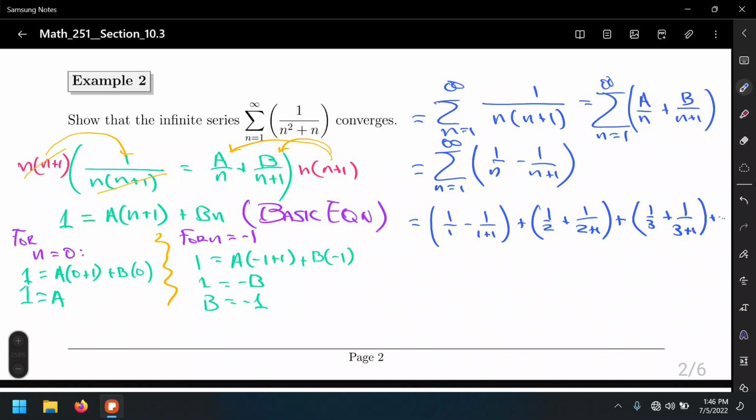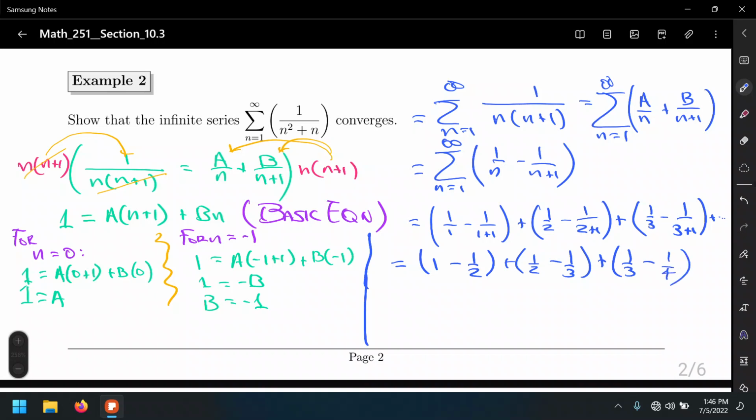Alright, and we can do this and see what's going to happen. Let me simplify these numbers. This will be 1 minus 1 half, plus 1 half minus 1/3, plus 1/3 minus, and so on.